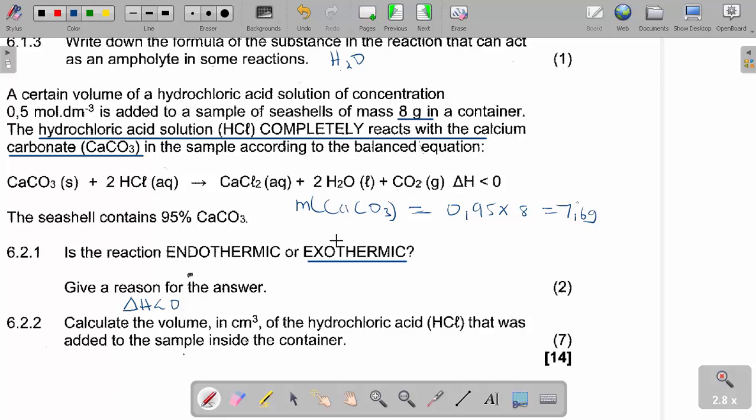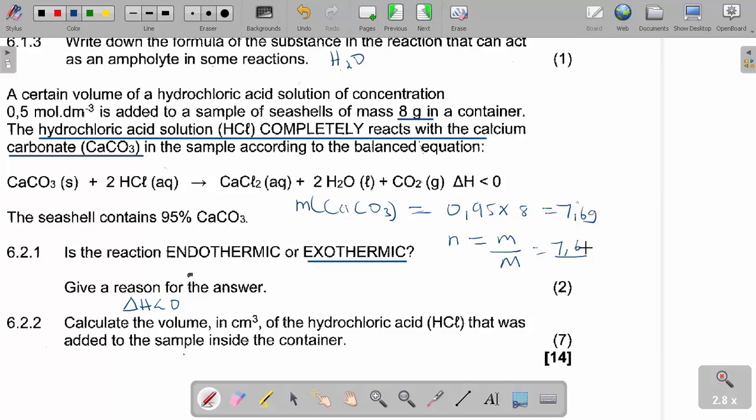After getting the mass, I'm going to get the number of moles. Number of moles equals mass over molar mass. So it's going to be 7.6 grams divided by the molar mass of calcium carbonate. Now let us get the molar mass for calcium carbonate.